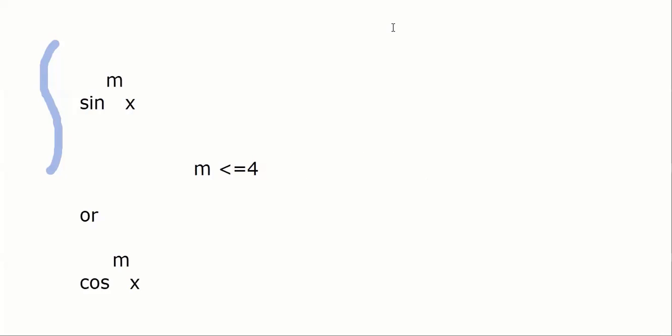For example, we always use four formulas. If it is sine square x, you know how sine square x can be written? The point is we have to remove the powers.